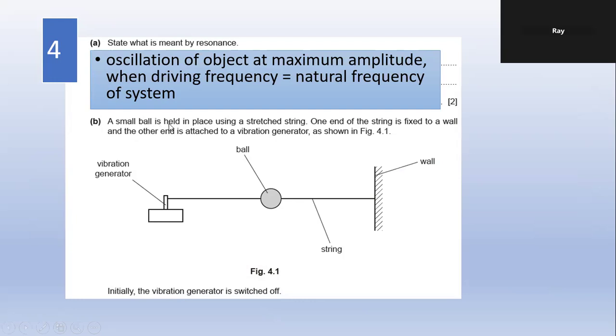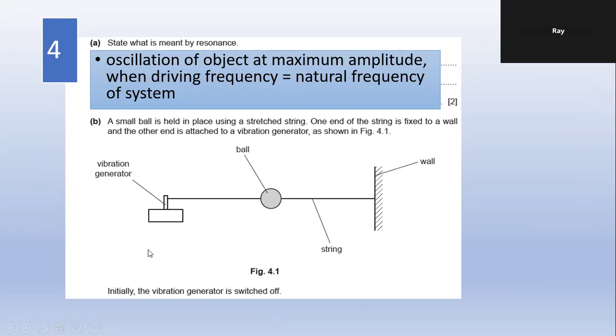A small ball is held in place using a stretched string. One end of the string is fixed to the wall, and the other end is attached to a vibration generator as shown in figure 4.1.